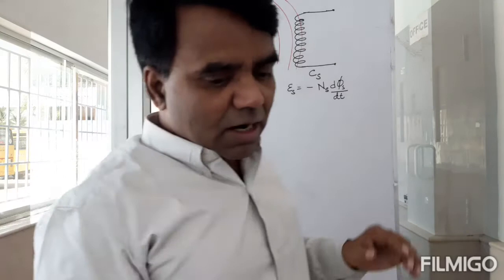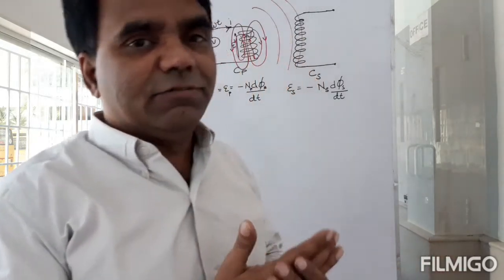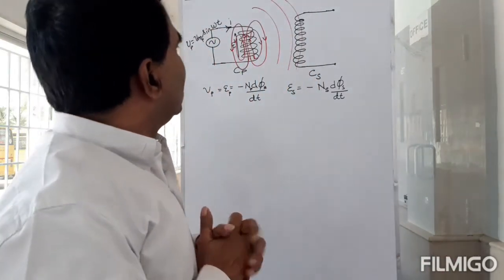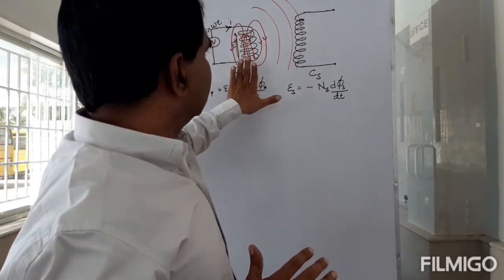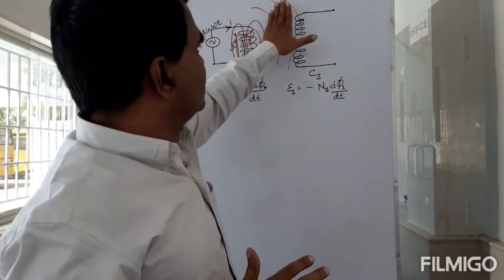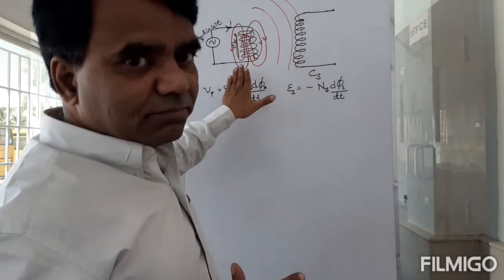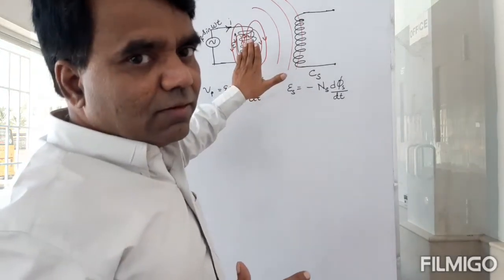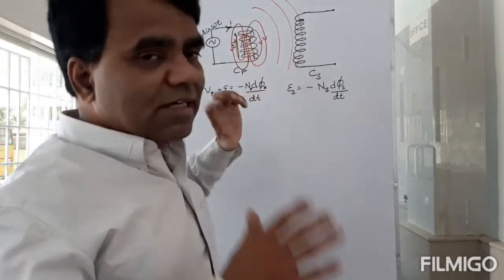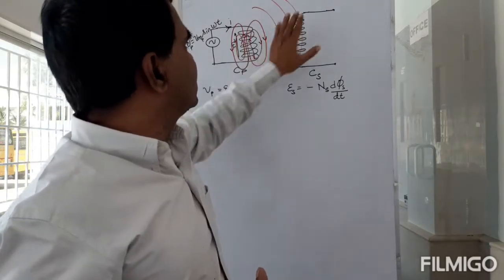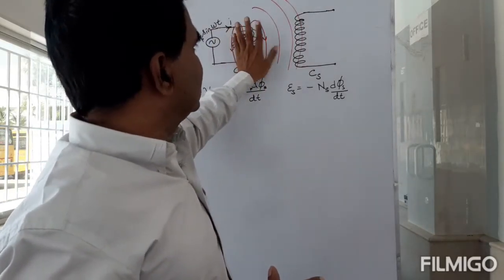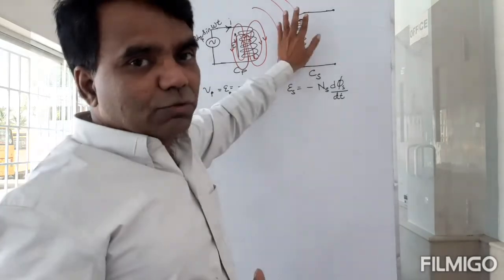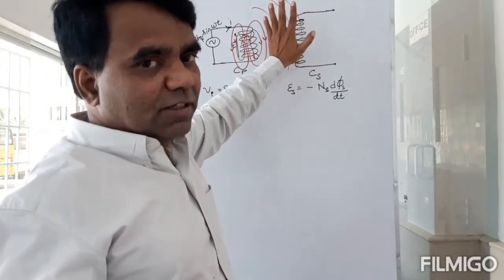Suppose I give a path for all the flux to go through this. If I can somehow make all the flux which is produced by this go through this, then what is going to happen?